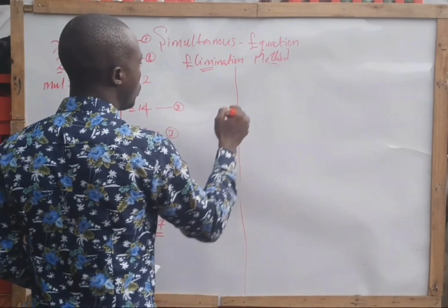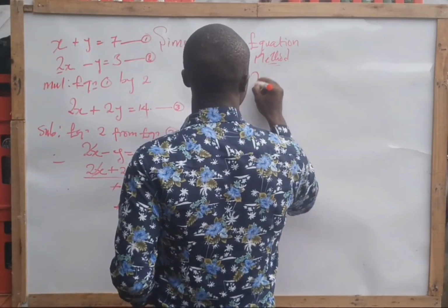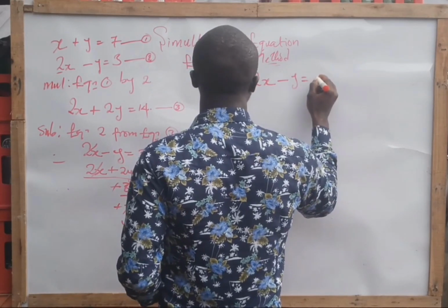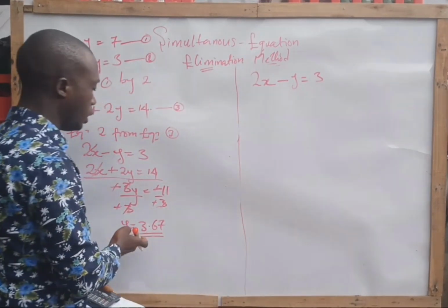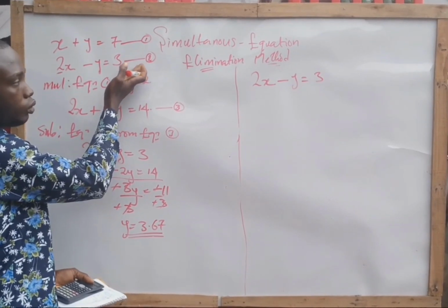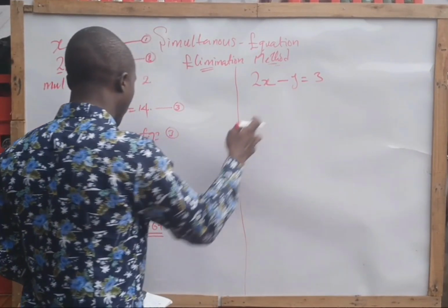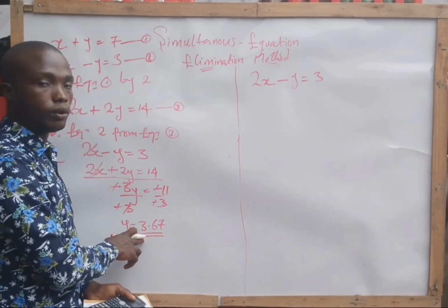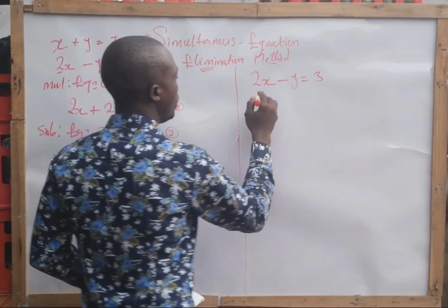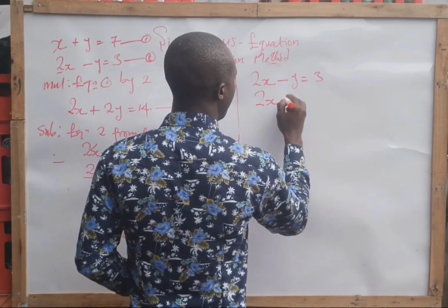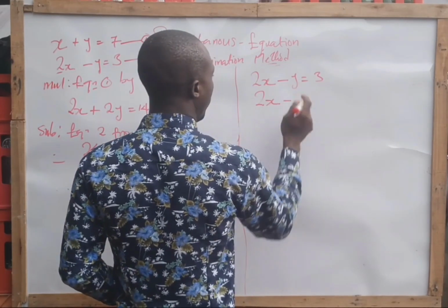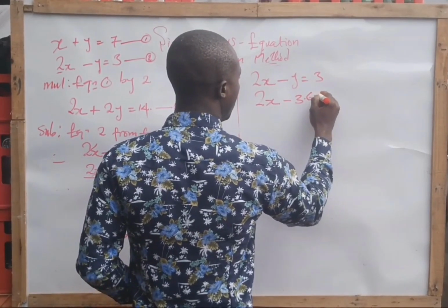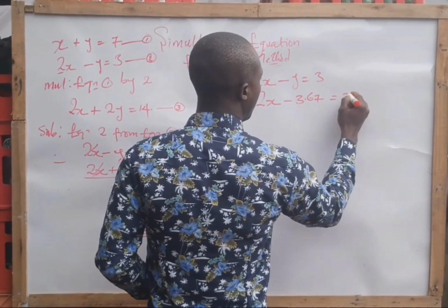Bringing our equation 2 here, we have 2x minus y equals 3. Our y is 3.67, so we just put it direct: 2x minus 3.67 equals 3.